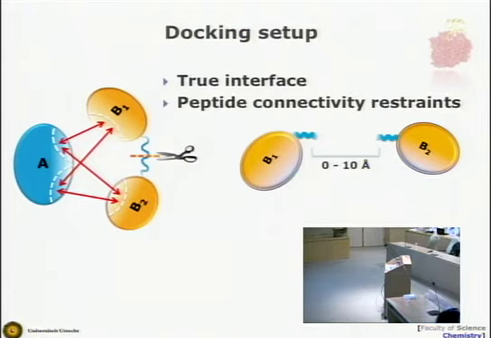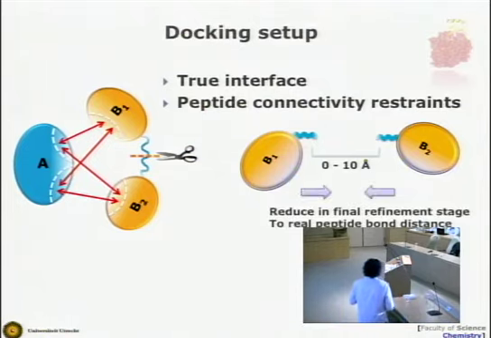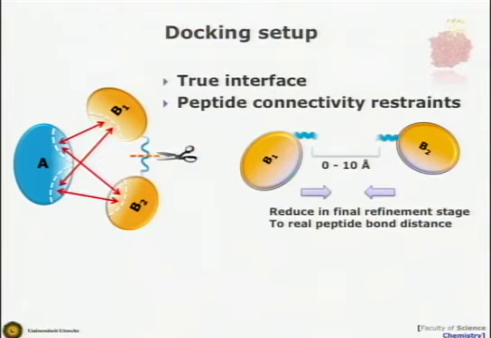If you put the peptide bond distance from the start, you're going to reconstitute basically your initial structure, not allowing conformational changes. So we start with loose distance restraints in the order of 10 angstrom. And then later on in the refinement stage, when you go into the water refinement, you can reduce this distance to something more reasonable, like a peptide bond.